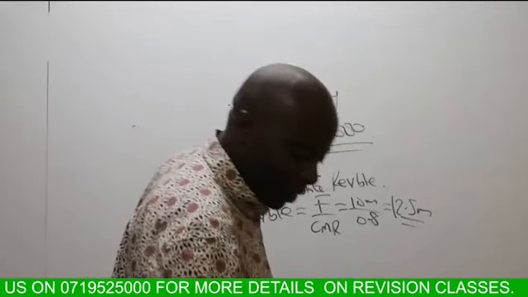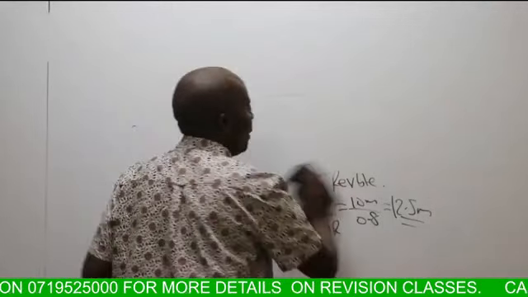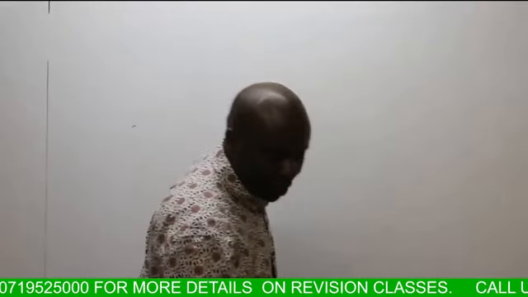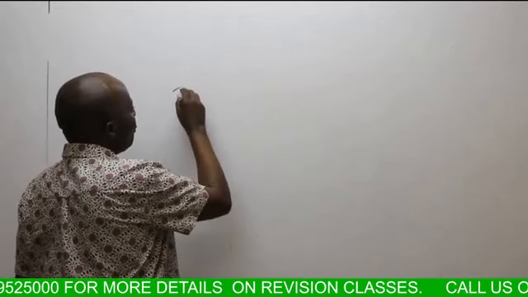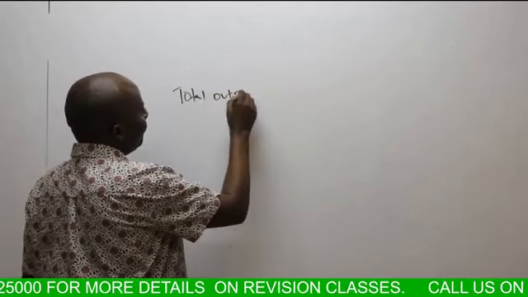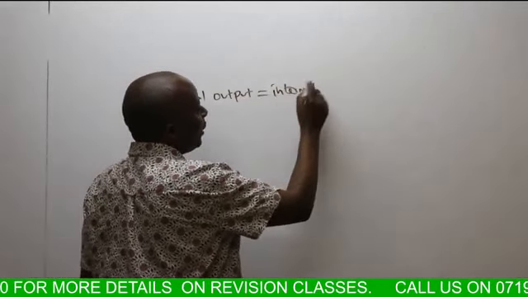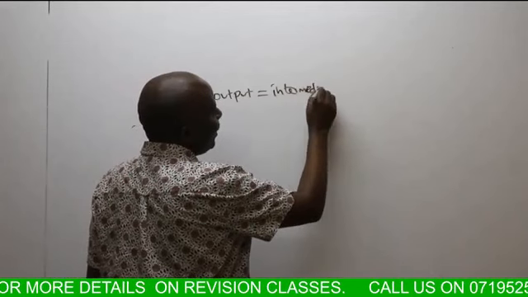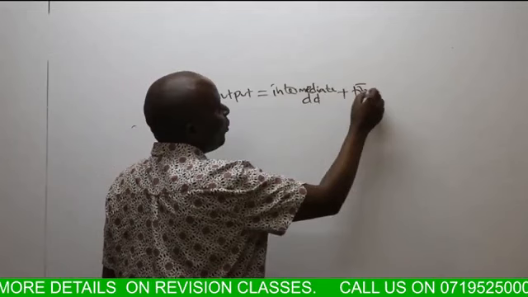Total output should be equal to who? The total output, ladies and gentlemen, should always be equal to the intermediate demand plus final demand.